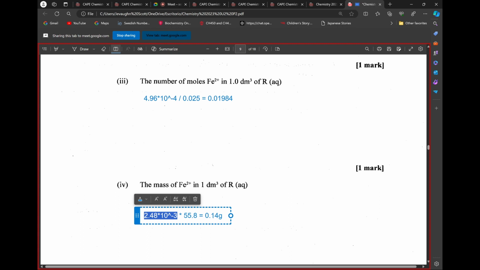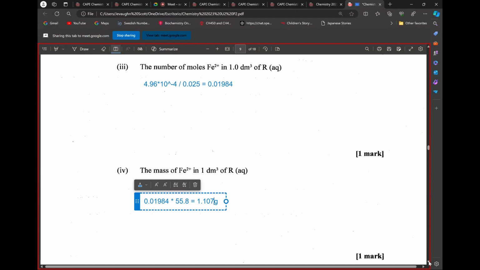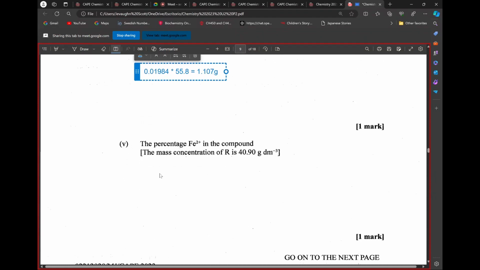The mass of the iron is going to be this one, 0.01984, and we times that by 55.8. What are we supposed to get? 1.107 grams. Yes, that's what I have.